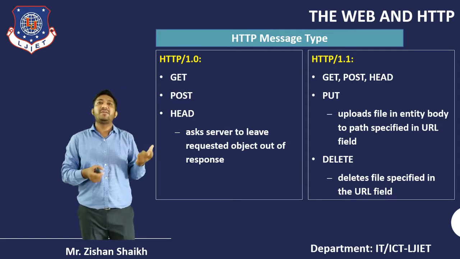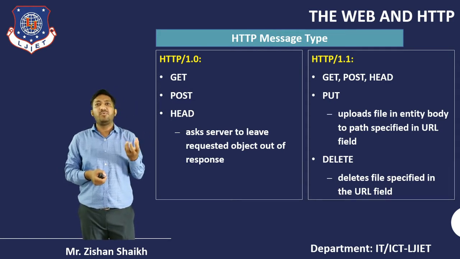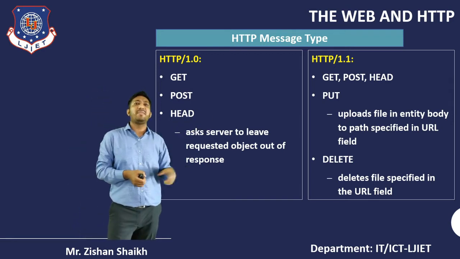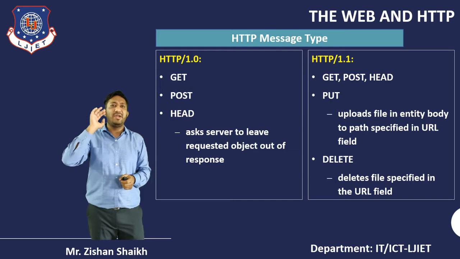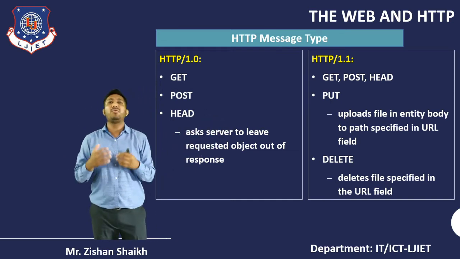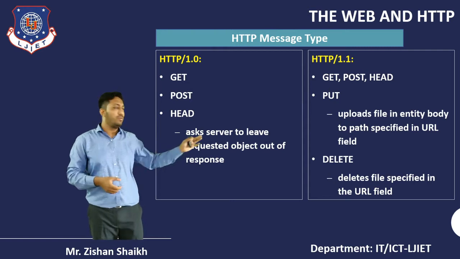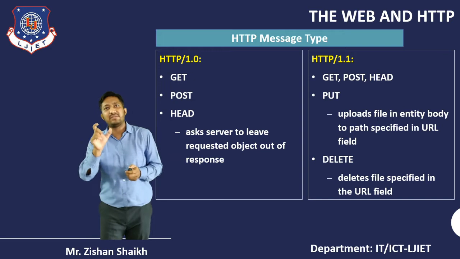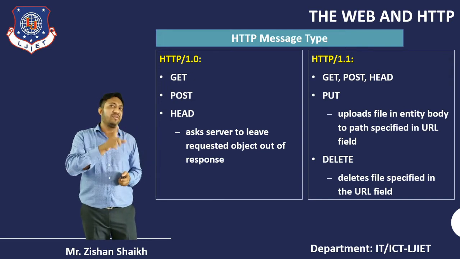We use the HEAD method when some information is put inside the header. If we want to upload some data, we use the PUT method. And if we want to delete a specific item, we use the DELETE method. This method is always written in our request line.